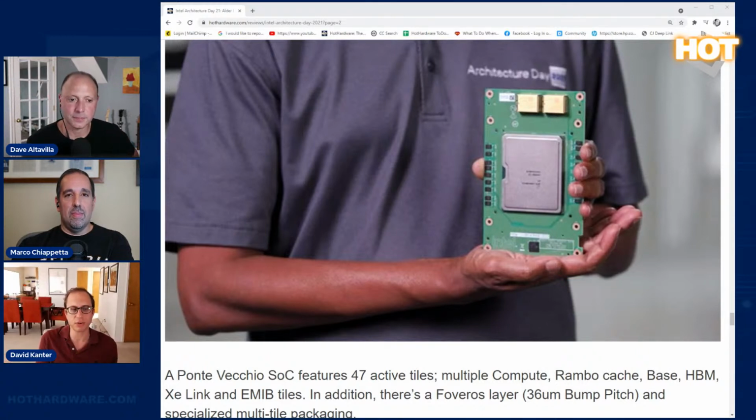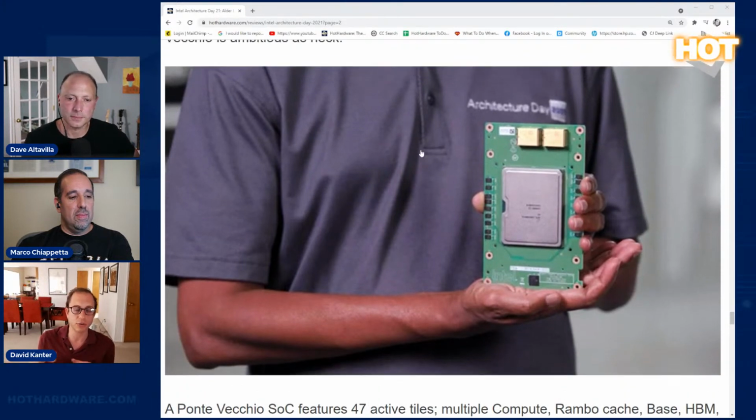SRAM is different, right? Dave, you know that from selling SRAMs way back in the day. Your base die is different. Your memory is different. Your SerDes are different. All of those things naturally want to be different. And so getting the ability to piece it all together really frees up your designers and architects to properly optimize. And so to me, it's really cool to see how this is going to go.